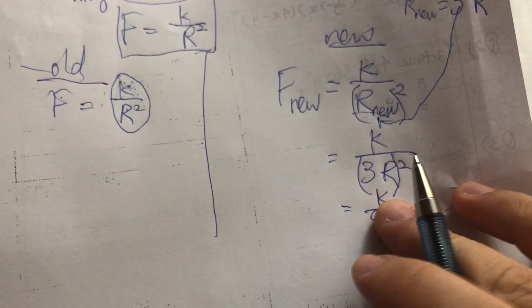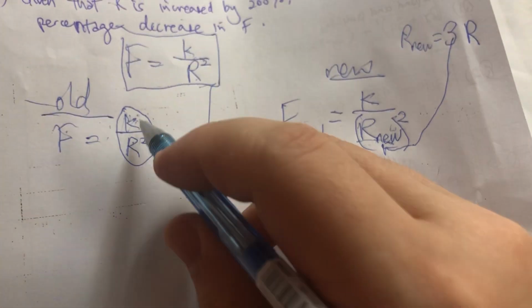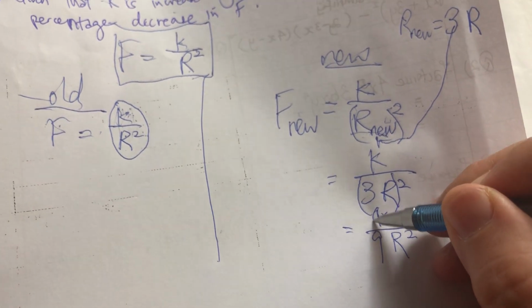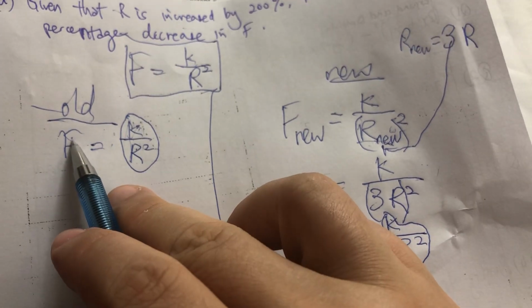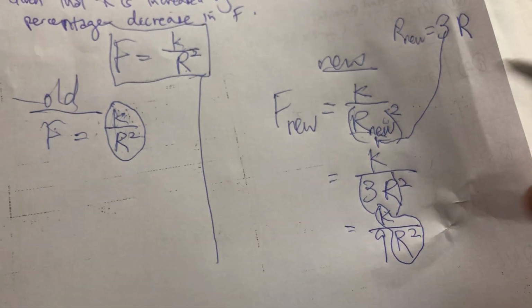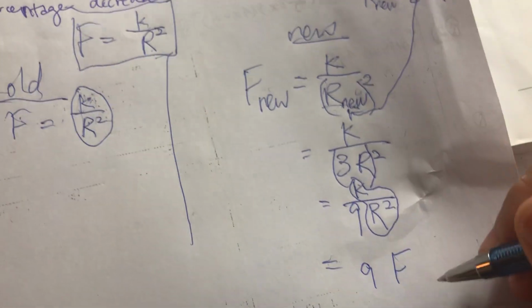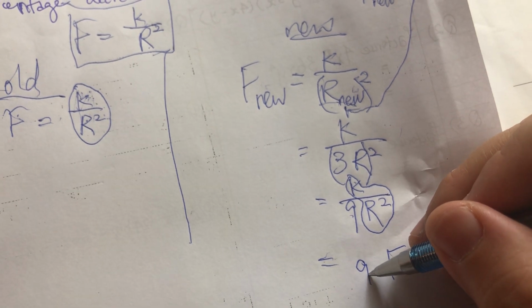Now, can you see now that k over r squared is the same, right? So this is your original F, that means the old F. Okay, and it is not 9F. It is not. Why? Because 9 is at the denominator.